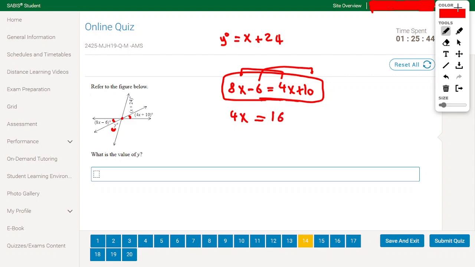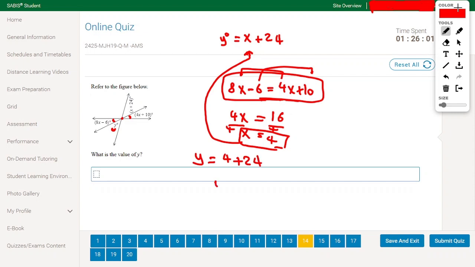It will be equal to 16. So divide by 4, divide by 4. So x will be equal to 4. Now when I get x, I'll substitute in this equation. So y will be equal to 4 plus 24. So y will be equal to 28. So the answer here is 28 degrees.